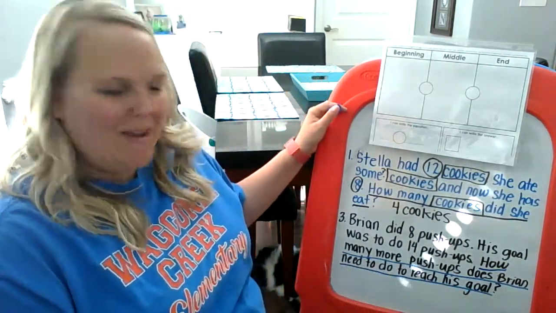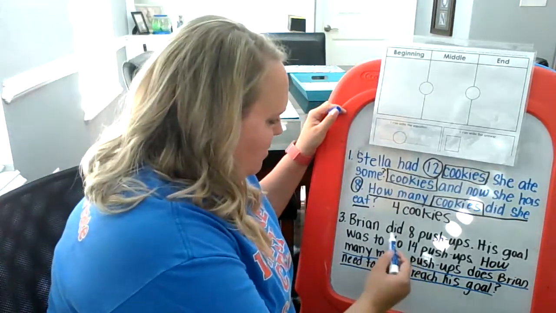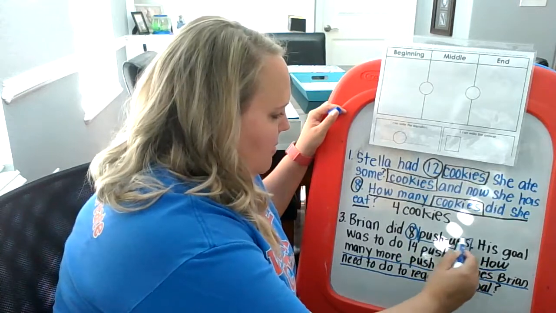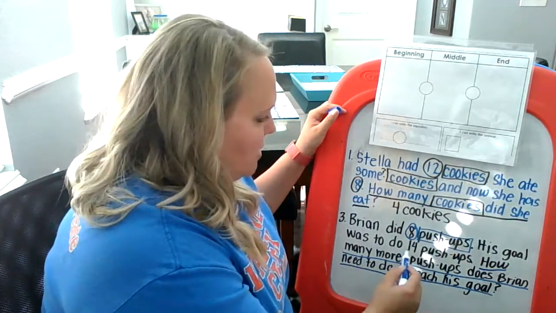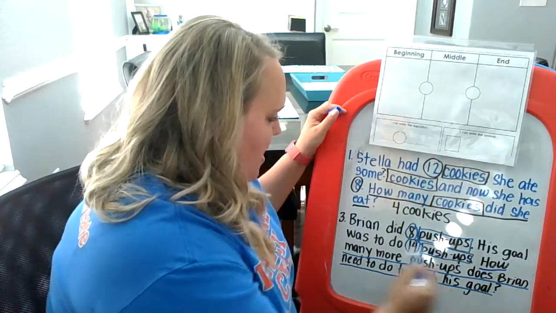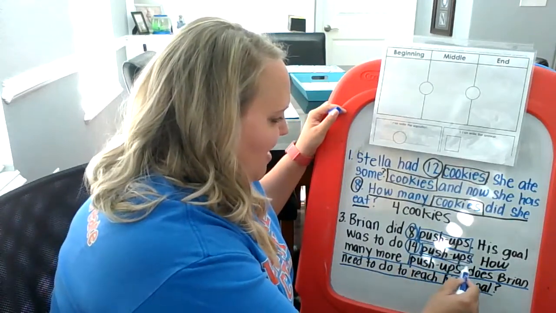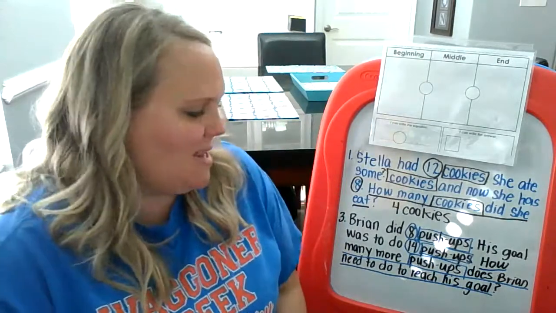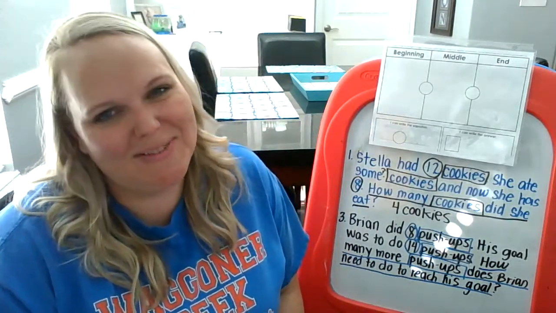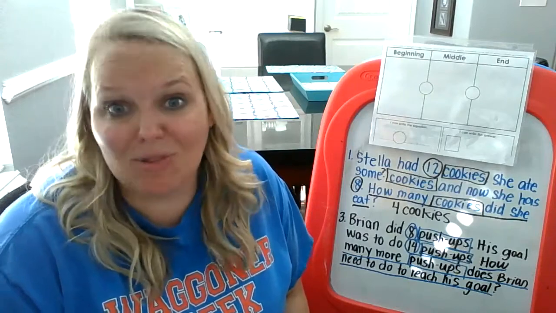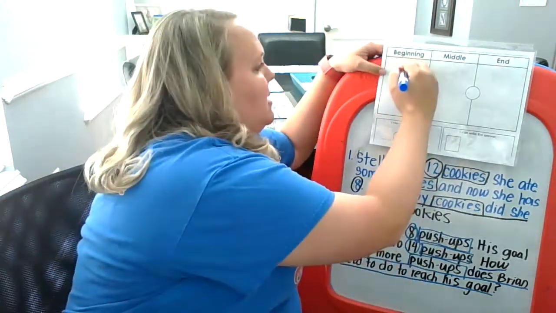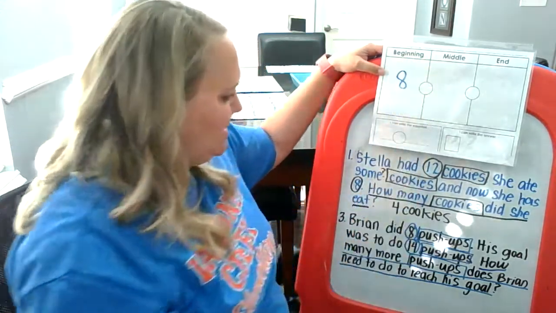Now I need to circle my information and put a box around my labels. Brian did 8 push-ups. So yeah, we're talking about push-ups. His goal was to do 14 push-ups. How many more push-ups does Brian need to do to reach his goal? So I have push-ups, and I'm looking for push-ups. That means I'm going to either add or subtract. So let's figure it out. So I know that Brian did 8 push-ups. Now let's think about this.